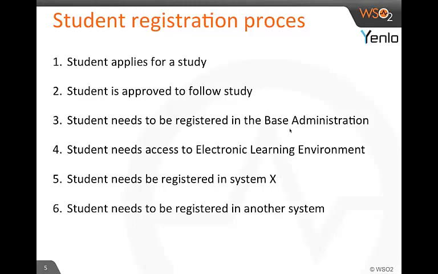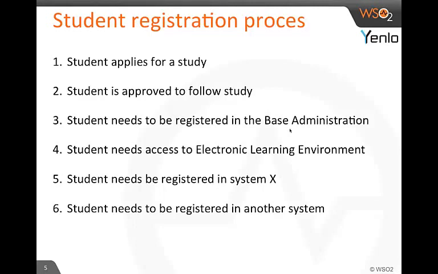To set up a flexible environment, this process needs to be extendable so that students can be registered in multiple other systems that may exist in the future. So it's important to loosely couple all the steps needed within the student registration process so we can extend it with any other systems in the future.